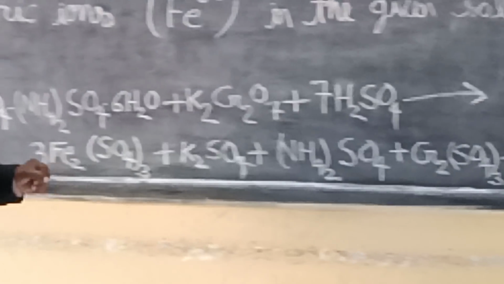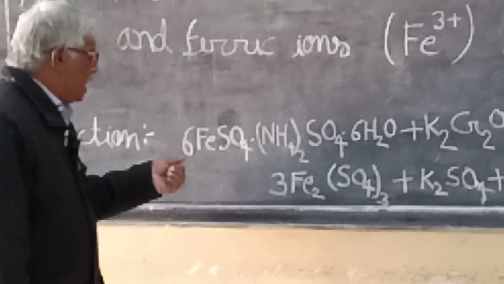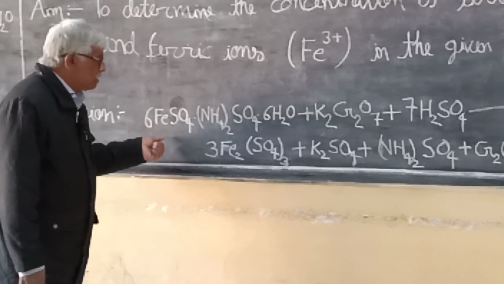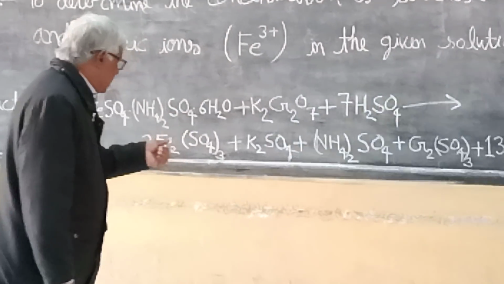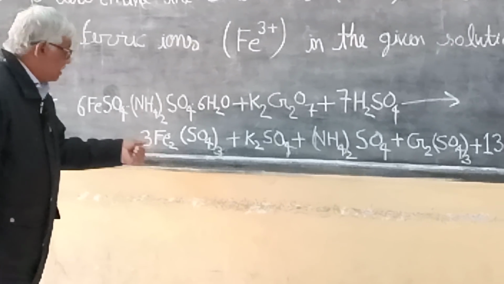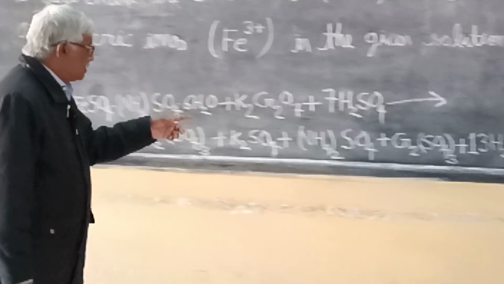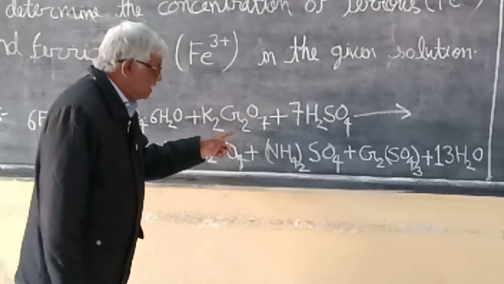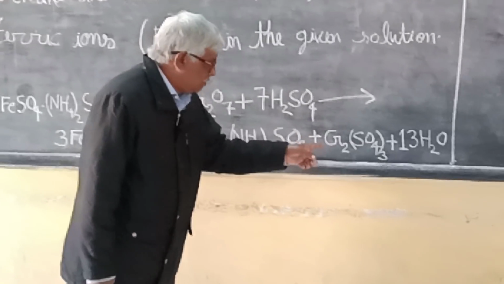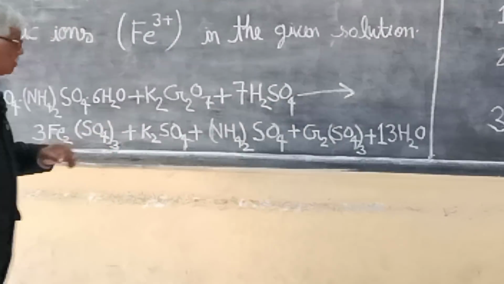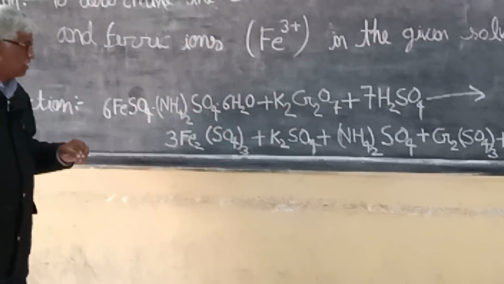In this reaction iron is present in +2 state and is converted to the +3 state. The chromium present here in +6 state is converted to the +3 oxidation state. So it is an oxidation reaction.